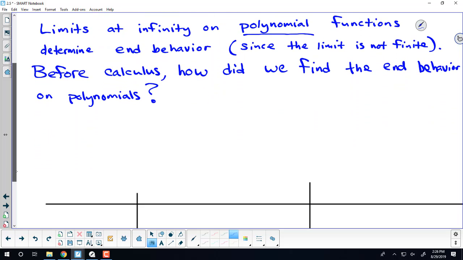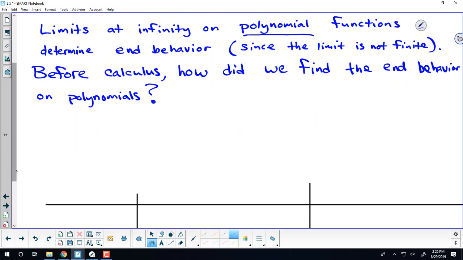I can't remember if the x values were determined based off the equation, but generally, I thought the quick way that we would do it is look at one or two, including 0, one or two negative values, one or two positive values, and see what the y equaled, and just get that general determination of what's happening.